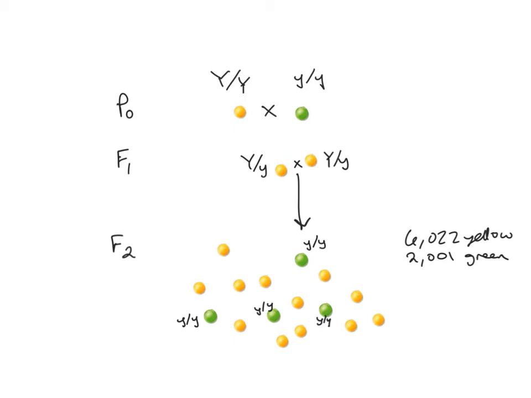Then the question becomes, what about the yellow peas? There are two different genotypes that can produce yellow peas, so we're not sure yet whether any of these yellow F2s might be homozygous for the dominant allele or heterozygous, because in dominance, it takes only one dominant allele to produce the dominant trait.